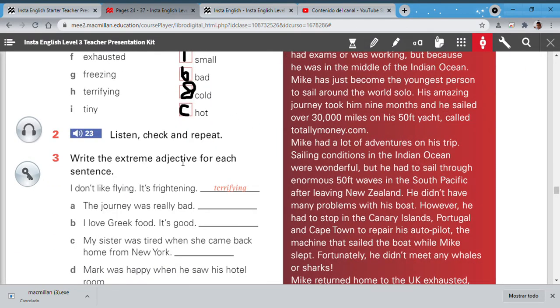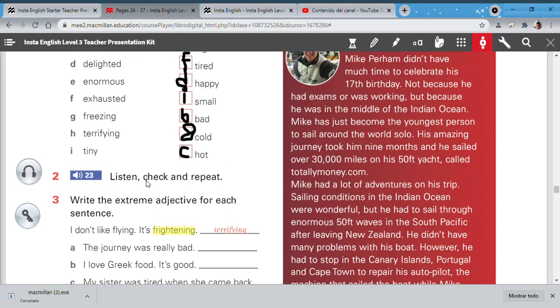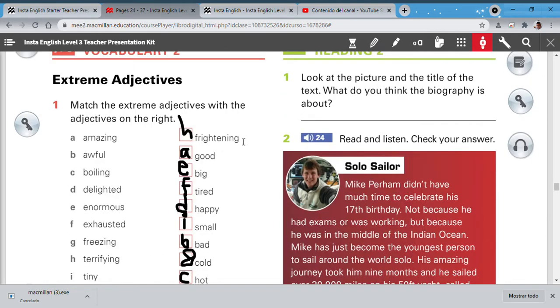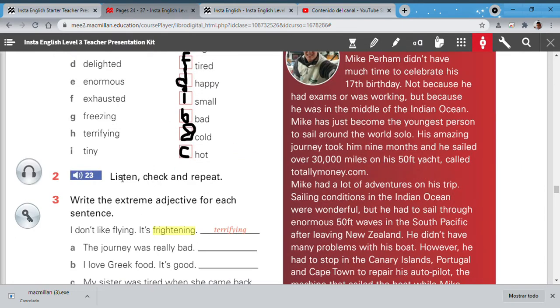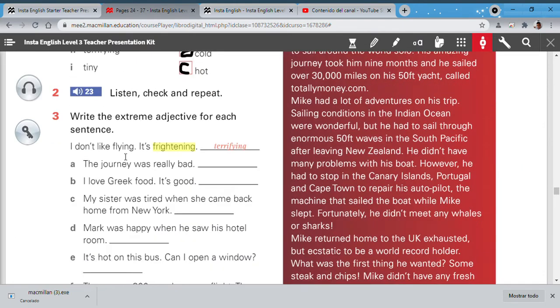Write an extreme adjective for each sentence. I don't like flooding, it's frightening. So what you have to do is to replace frightening. Here is the word frightening. So frightening is letter H. Terrifying.